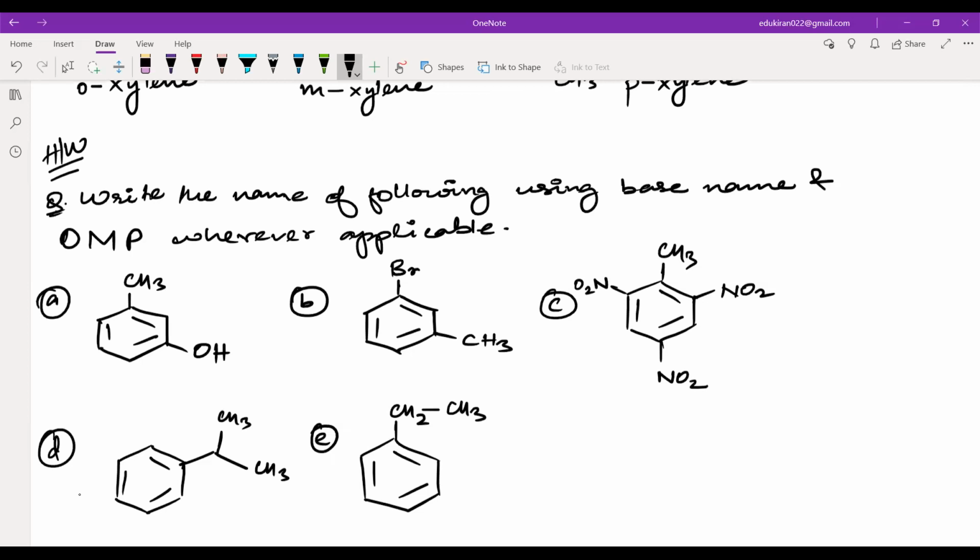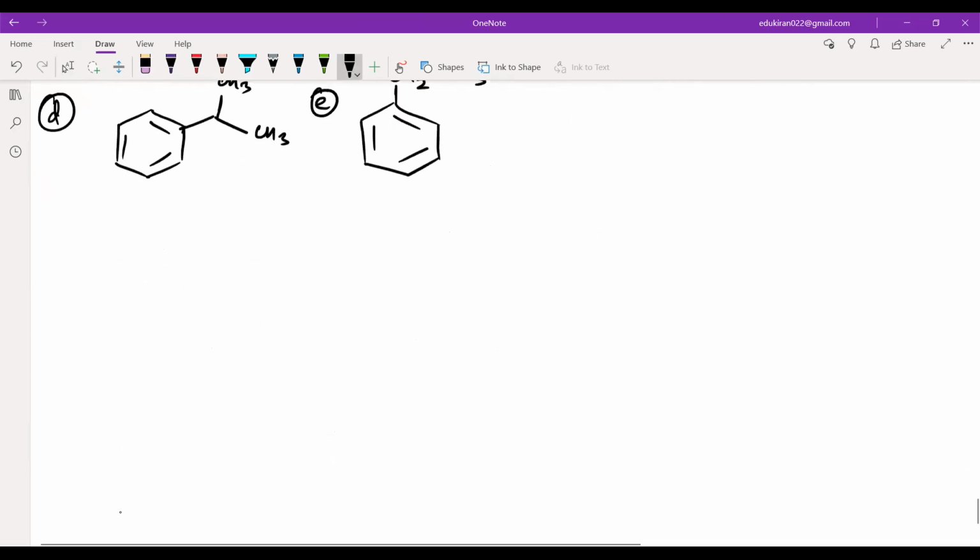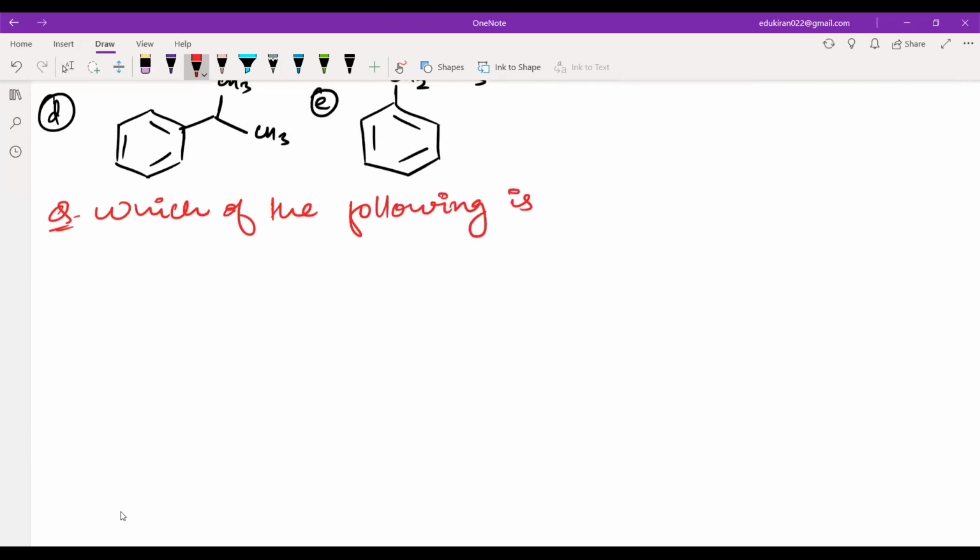Next, I have to give you some questions on aromaticity. Question: which of the following is aromatic? Explain also.